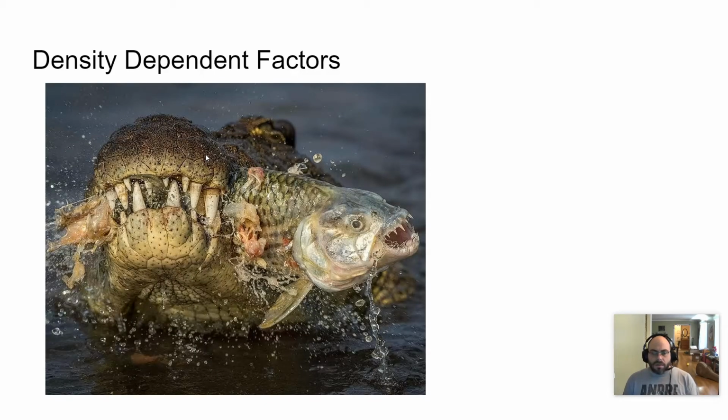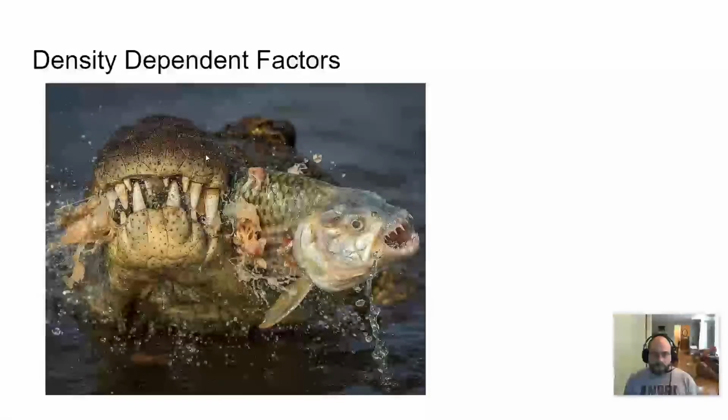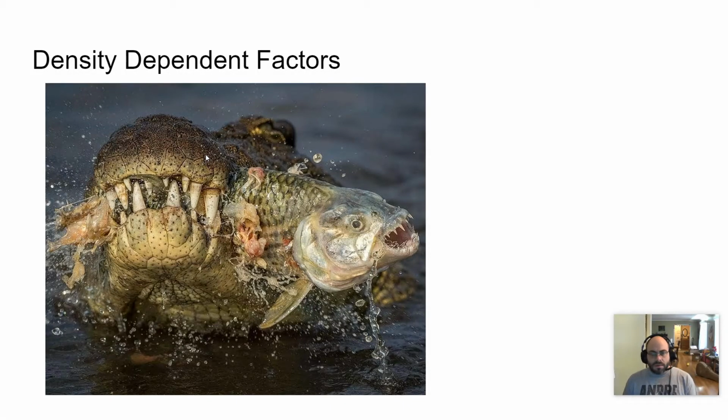All right, and so there are two kinds of factors that we will talk about that are dependent or independent upon population density. Density dependent factors tend to be biotic factors, but not always. These are factors that are directly dependent upon the density of a population and affect a population more or less because of their density.